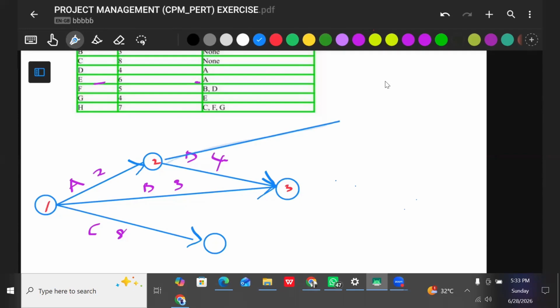Maybe I can extend it a little bit more. And then we close the node this way. So this becomes activity E. And activity E is 6 months. That's the duration.